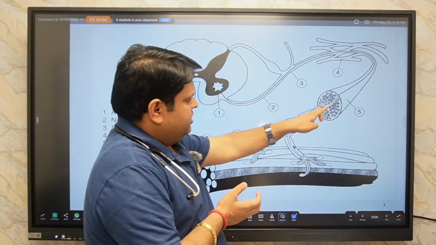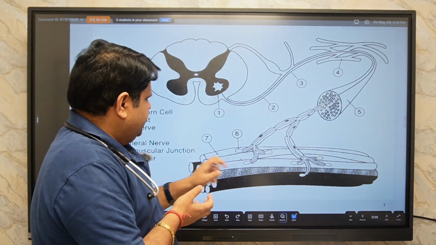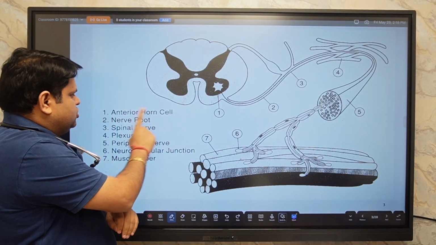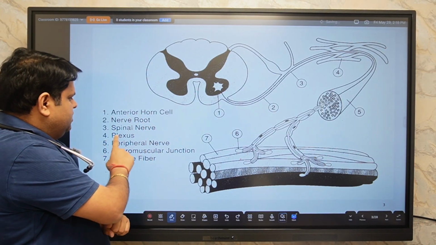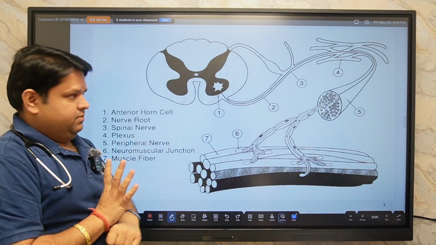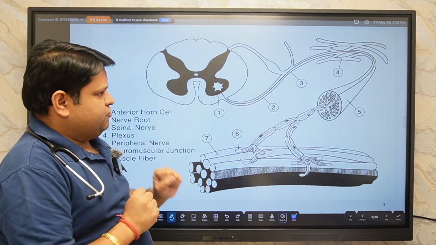After the plexus we have nerves, then the neuromuscular junction and the muscles. So an LMN lesion may be at the anterior horn cell, nerve root, spinal nerve, plexus, peripheral nerve, neuromuscular junction or the muscle fiber. Any lesion in these areas may cause LMN type of weakness.